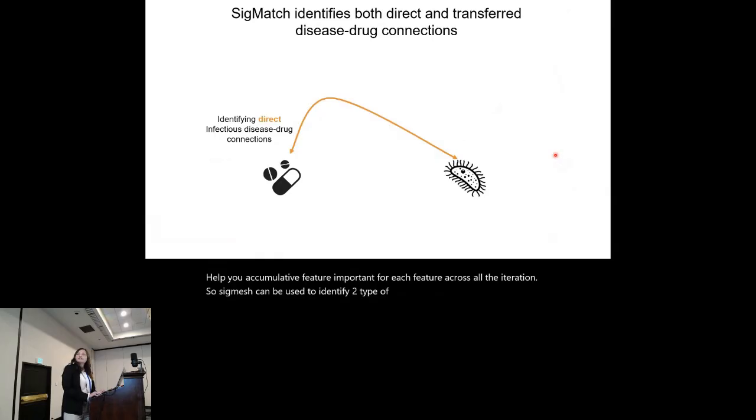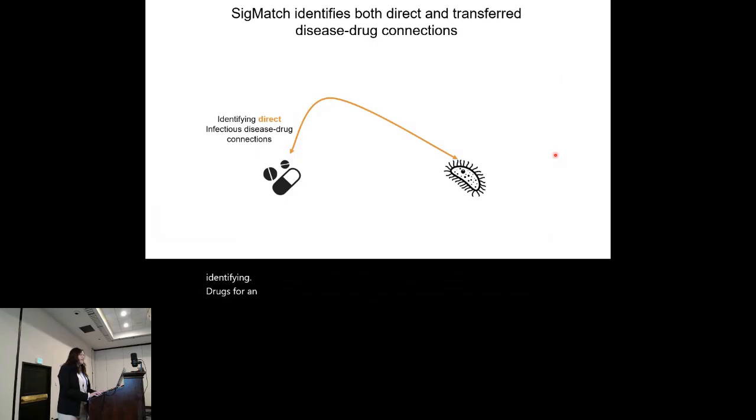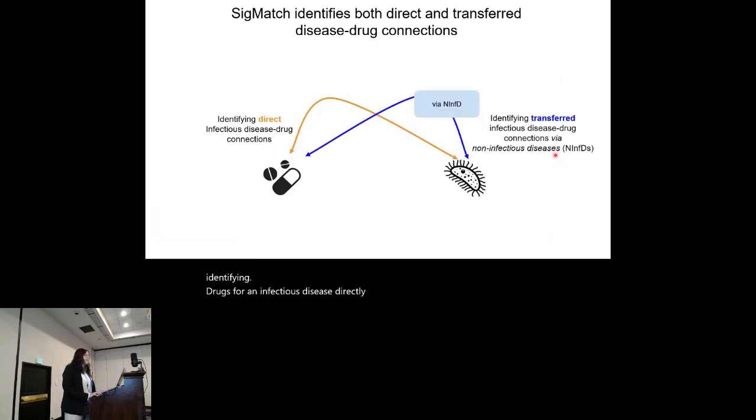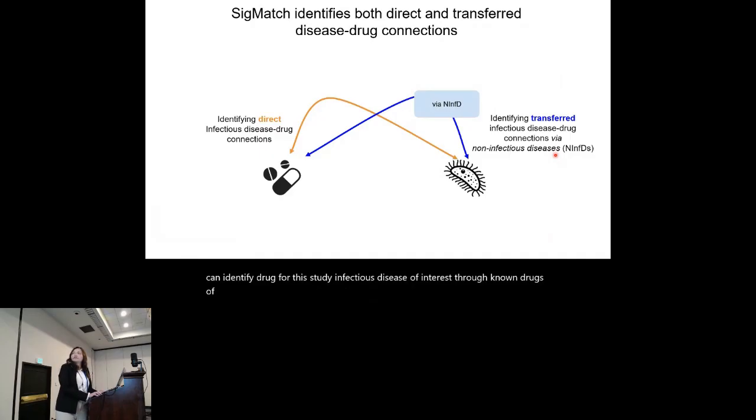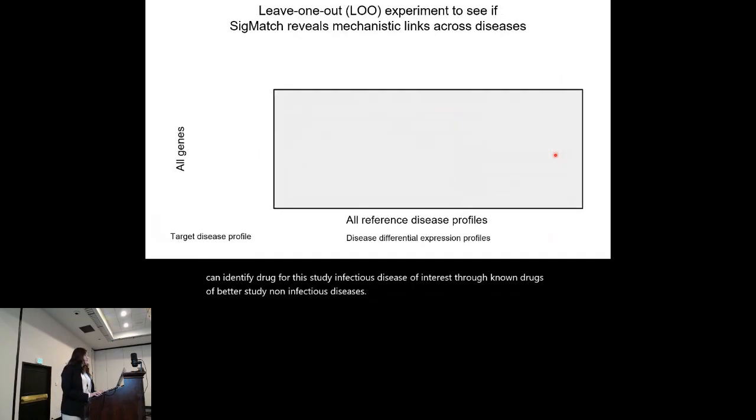First, direct connections, identifying drugs for an infectious disease directly, and transfer connections, meaning that we can identify drugs for, let's say, an infectious disease of interest through known drugs of better studied non-infectious diseases. To illustrate the potential of SigMatch, we perform an experiment called Leave One Out, where we start with features containing about 2,000 disease profiles covering 600 distinct diseases.